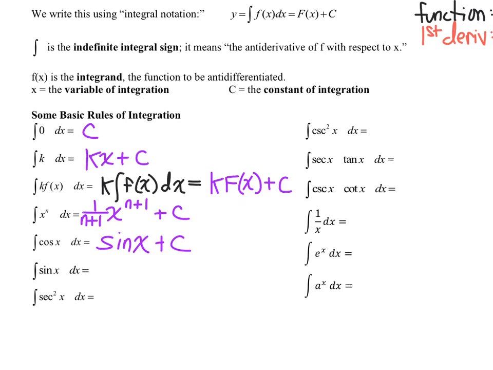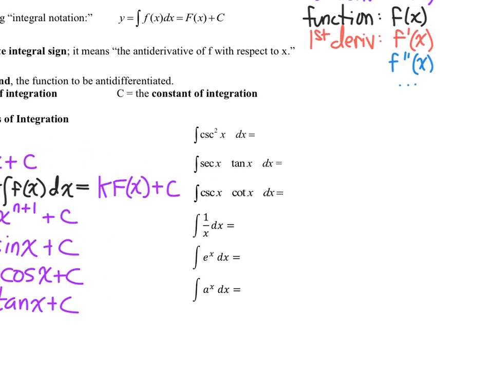Antiderivative of sine: negative cosine x plus c. Antiderivative of secant squared: tan x plus c. Cosecant squared: negative cotangent x plus c. Secant tangent: secant x plus c.